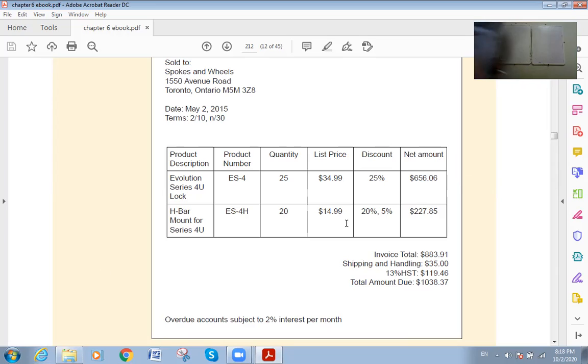I will take the data, then I will just share the screen. 25 units, and each unit costs 34.99. I will do the first line, and you guys will do the second line, the same thing as I did, to train yourselves. So here, let me now stop sharing, and the screen will be clear.